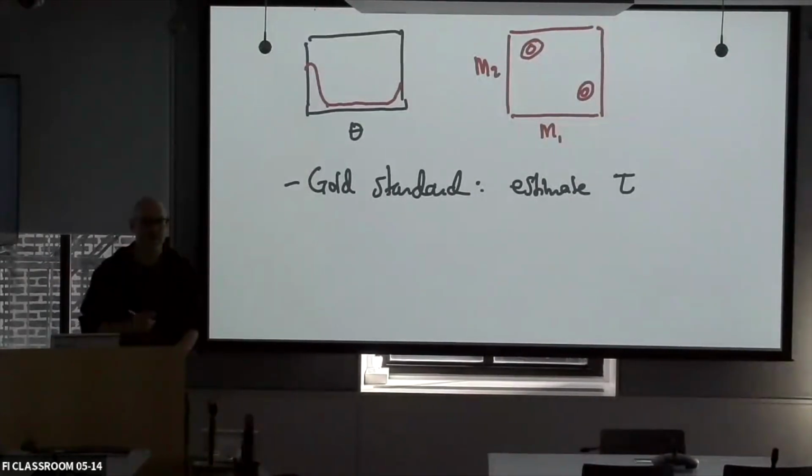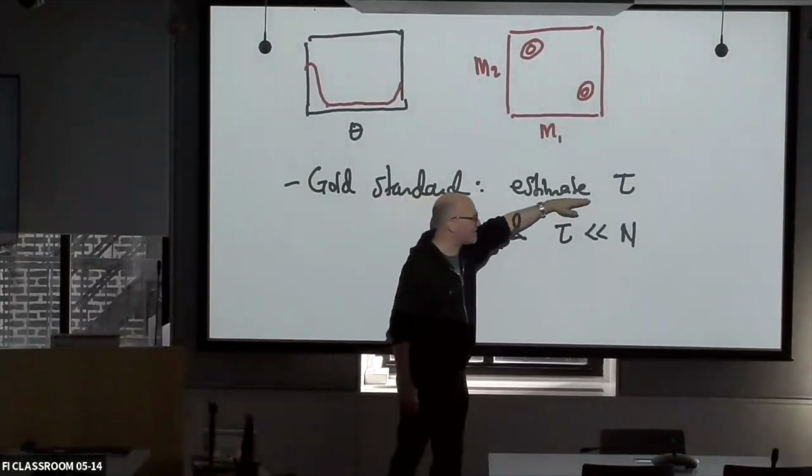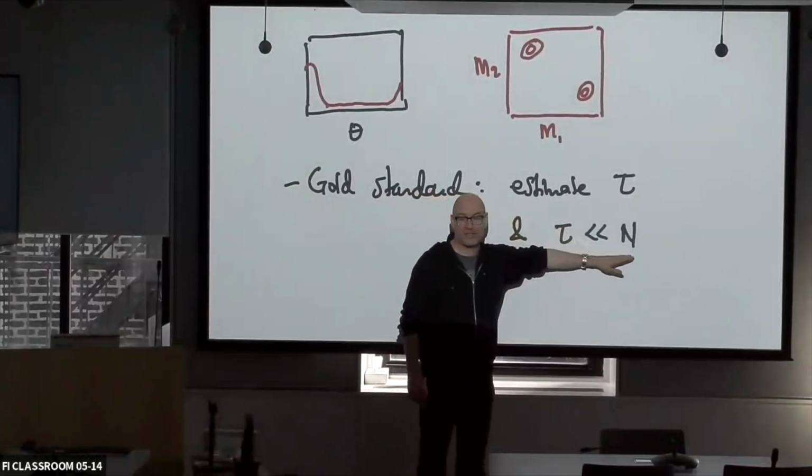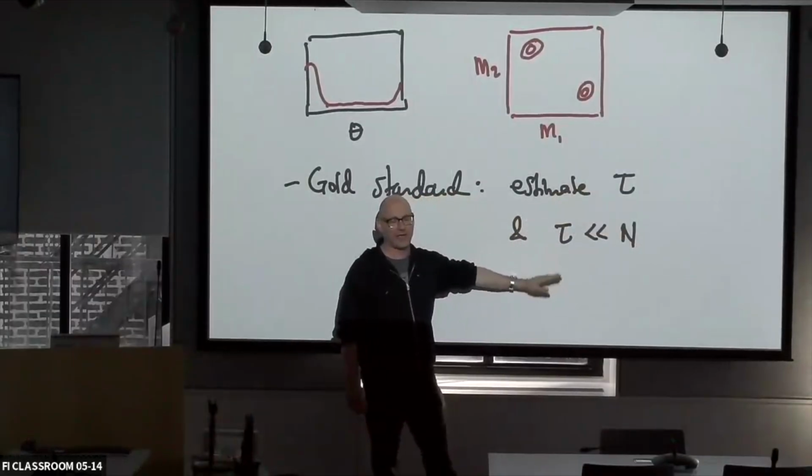This is the gold standard in the sense that if you have a sampler where you can estimate the correlation time tau, and tau is much, much less than the number of samples you've taken, then I would say you have done due diligence on your sampling.